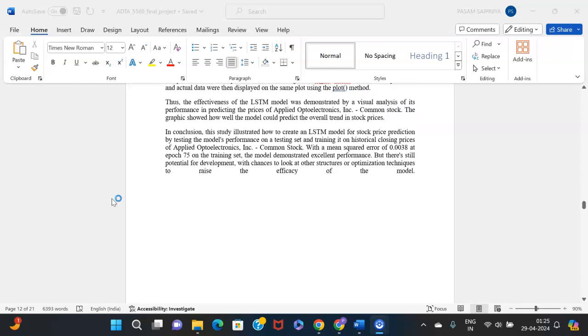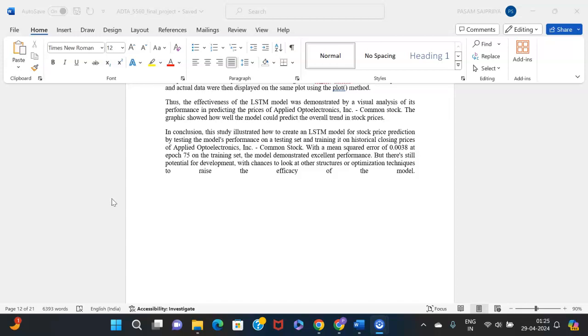In conclusion, this study illustrated how to create an LSTM model for stock price prediction by training it on historical closing prices of Applied Optoelectronics common stock and testing the model performance on a testing set.